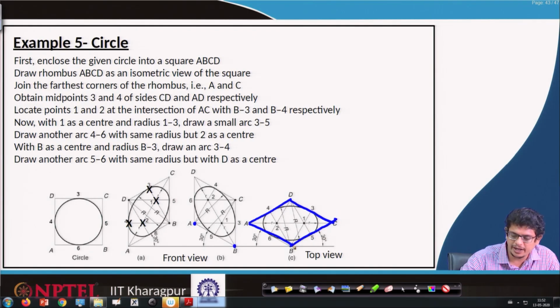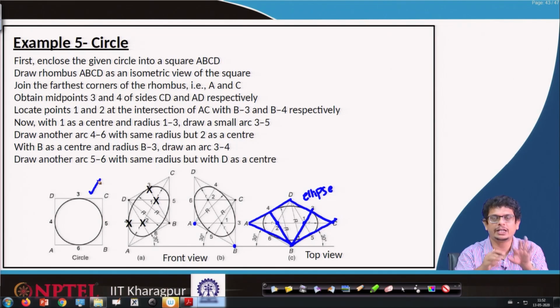Then from B all the way to this 3rd point, similarly B all the way to the 4th point, by transferring 3 and 4 points from this rectangle. Construct these instantaneous centers 1, 2 and then draw the arcs, connect by smooth arcs to get this ellipse. So, in isometric views, your circle when you rotate it looks like an ellipse.